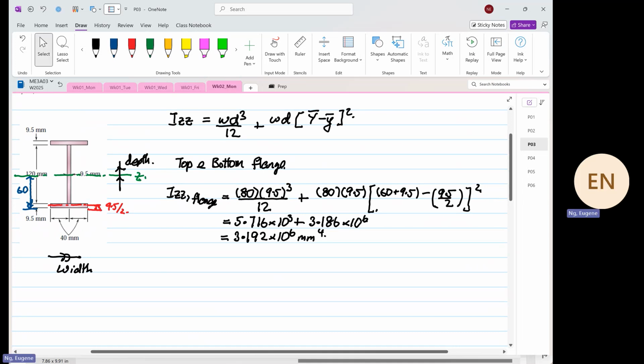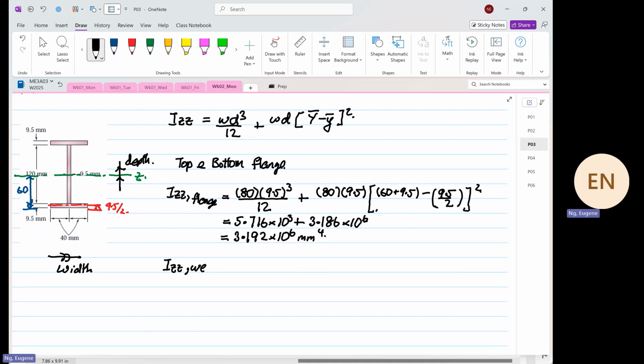Okay. Next, we do IZZ for the web. So the IZZ for the web, again, the formula is the same: depth cube over 12 plus capital Y bar minus small y bar squared.